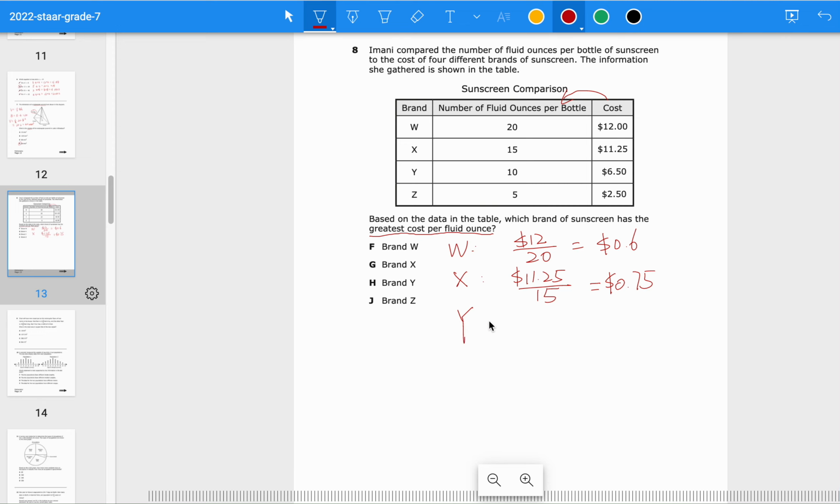And we have Y, which is $6.5 over 10 fluid ounces, then that is $0.65 per fluid ounce. And for Z, we have 2.5 over 5, which is 0.5. So among these four numbers, we can easily tell that X is the most expensive one, which is $0.75 per fluid ounce. And X is here, which is the answer G.